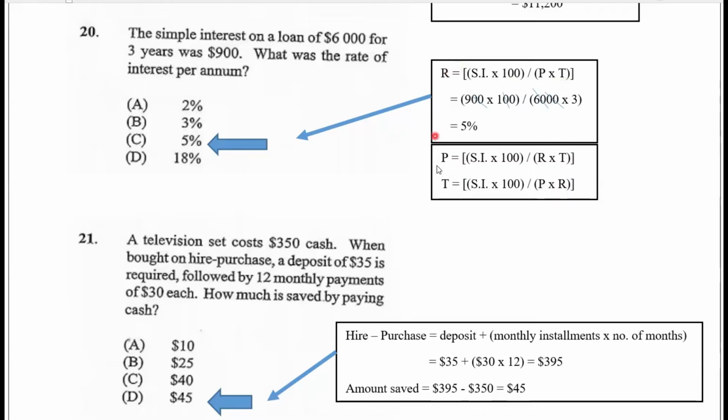All of them start with simple interest by 100 on top. So yes, we got C as the answer, but any one of these could be asked in the exam. They can ask for principal or time. So this is another question, students, you should all make note of. Okay? Please make note of it.